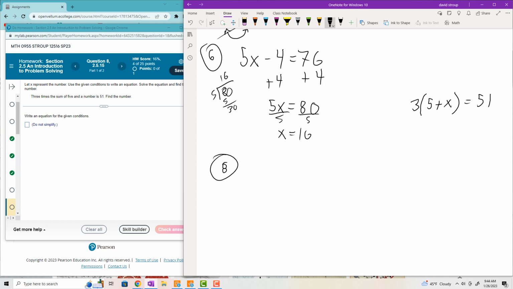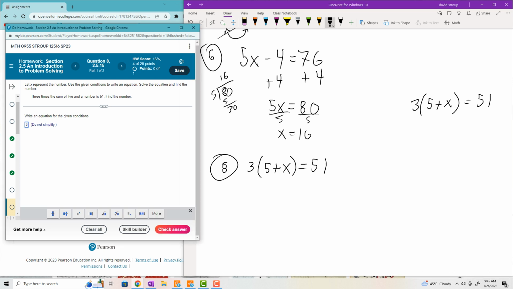So the issue is sometimes you need the parentheses, sometimes you don't. In this case, it's 3 times the sum, and so you need the parentheses. And again, you could go back to the chart, the table, and use that to figure out what's going on if you're just throwing stuff at a wall.